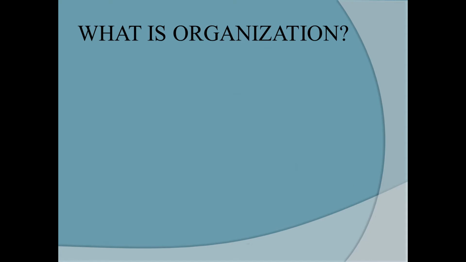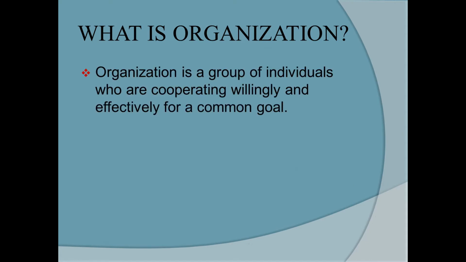So what is an organization? An organization is a group of individuals who are cooperating willingly and effectively for a common goal. In the definition, there is an element of willingness. Of course, if you do not have the willingness, you might not be effective in a certain thing.